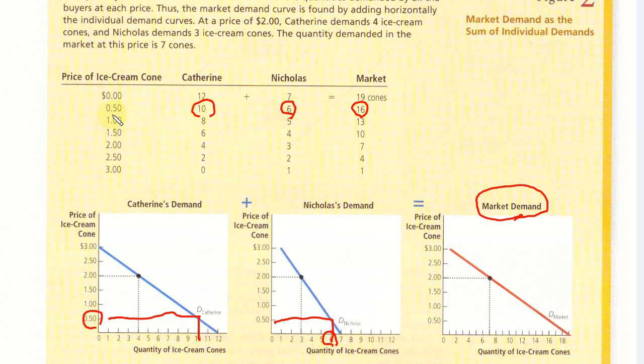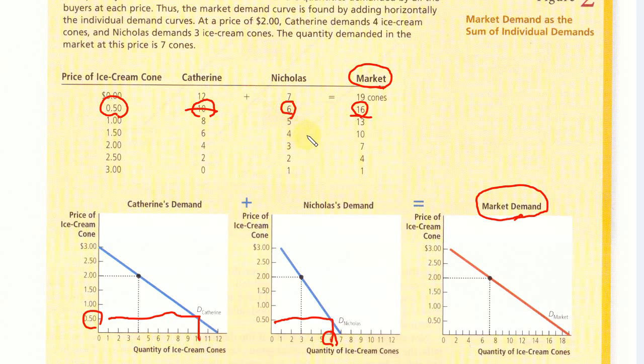So you can see that 10 demand at the price of 0.5 and 6 demand corresponding to it, and once we sum up, 16 demand. The 16 demand is market demand. So we learned just now that the market demand comes from the sum of each demand.